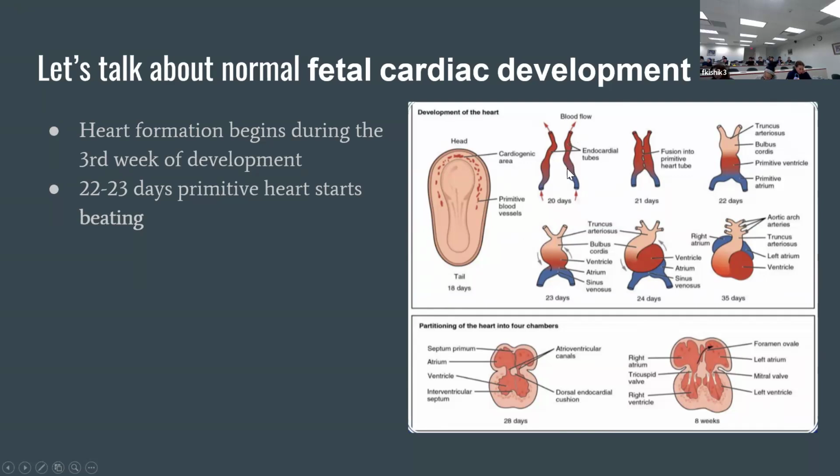It starts off as 2 tubes, and after 20 days they fuse together and then they can start beating around this point. It folds and twists in on itself, and then this breaks out into the right atrium, left atrium, and the ventricles. At 28 days, it has 4 chambers, which is wild. And then at 8 weeks, you see this resembling much more of a human heart now.